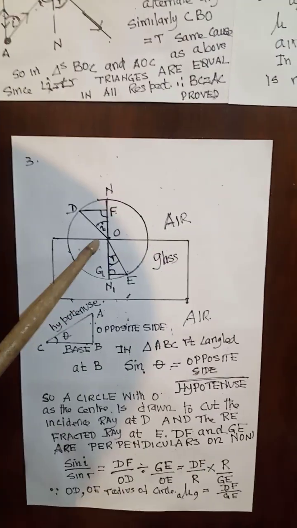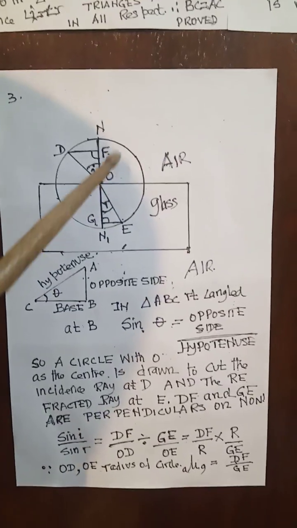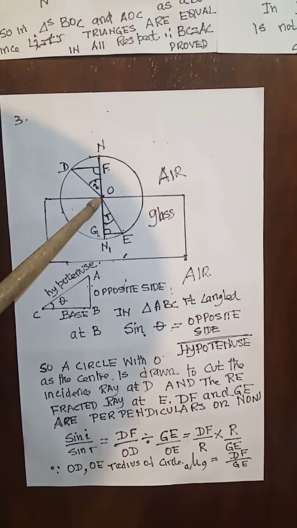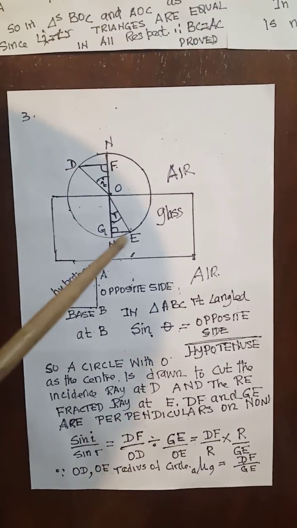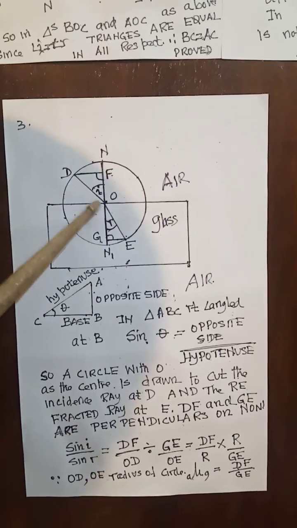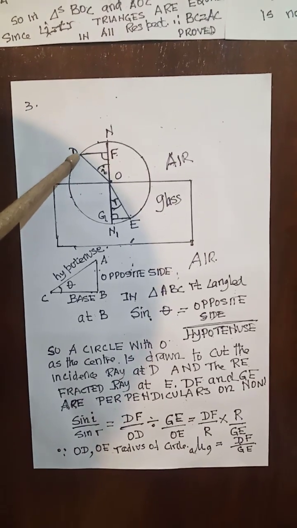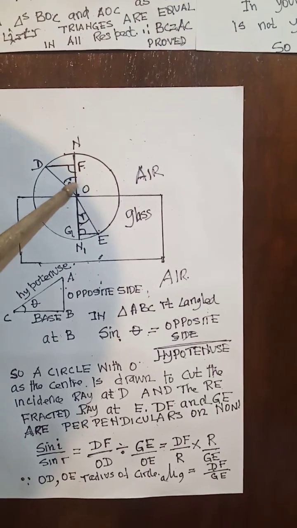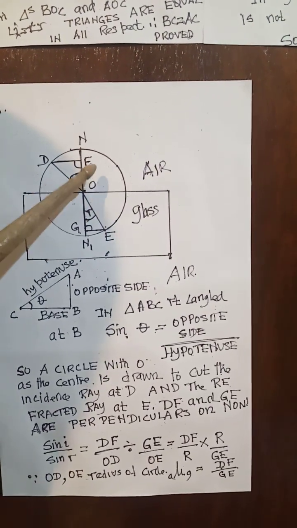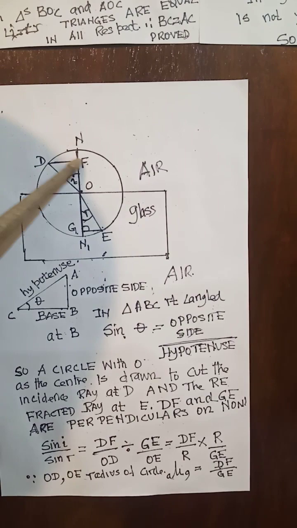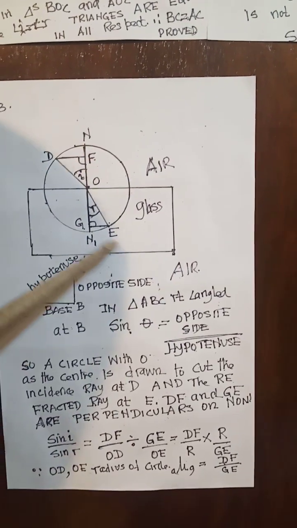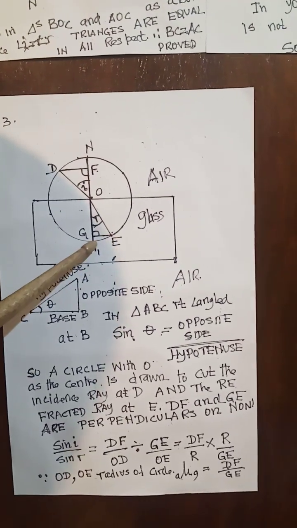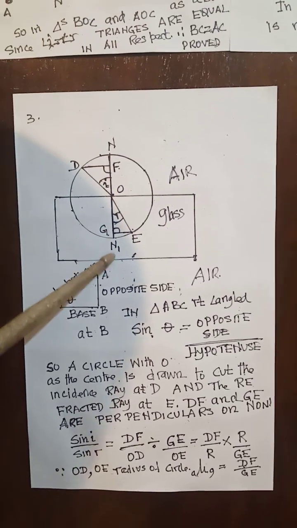See? We have to draw a circle with the radius OD, and then this is the angle of incidence, the incident ray, the refracted ray, and then this is I, this is R, and we drop DF perpendicular to the normal, we drop EG perpendicular to NON.